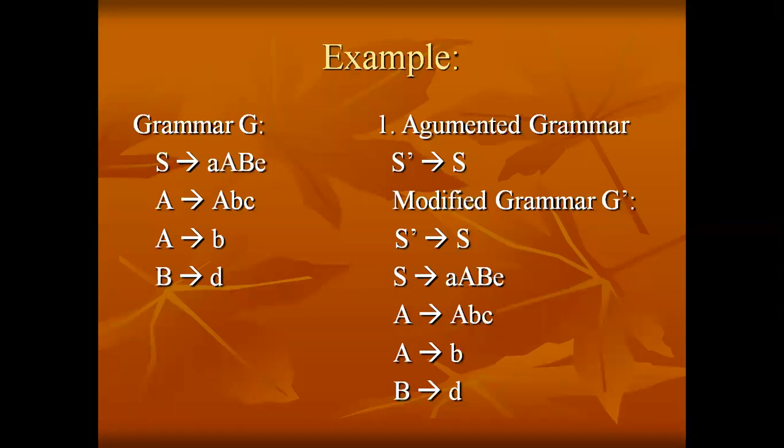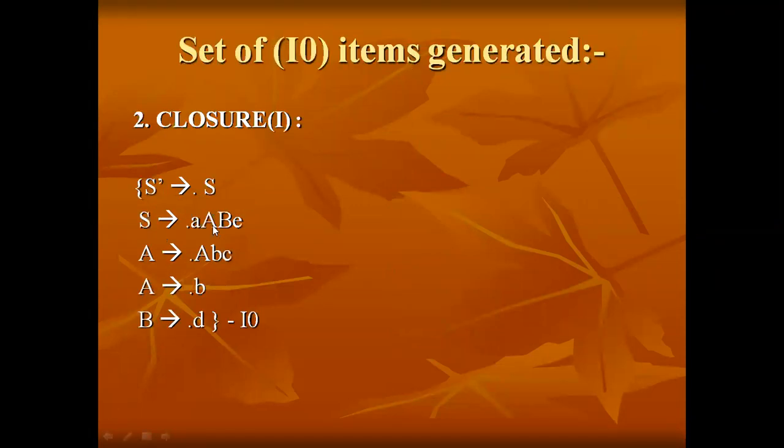See, initially from the closure of I0, the rule number 1 is S tends to dot ABE, right? That means the dot is placed at the starting of the production rule.